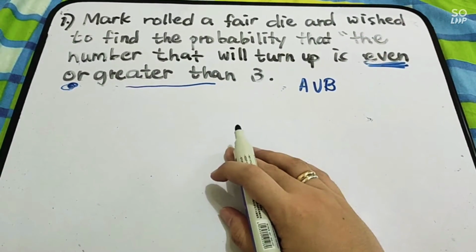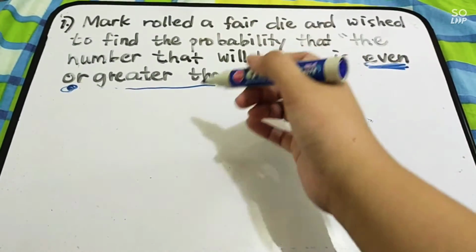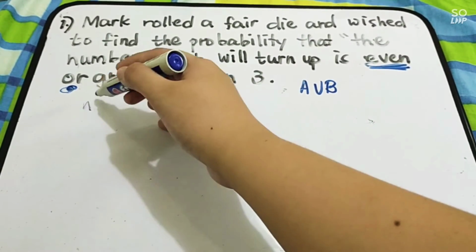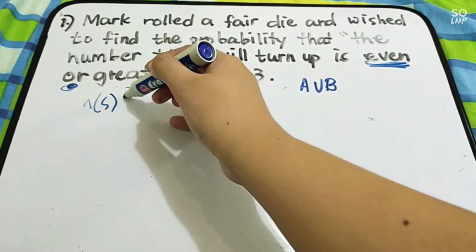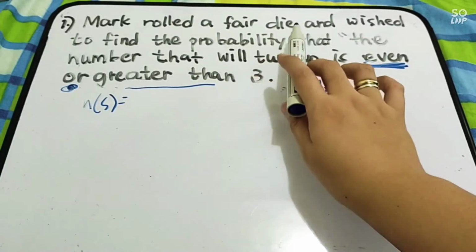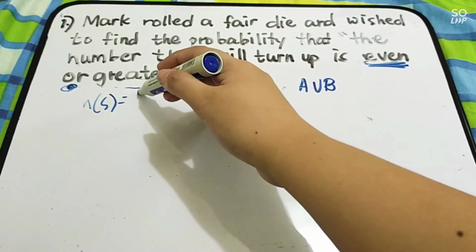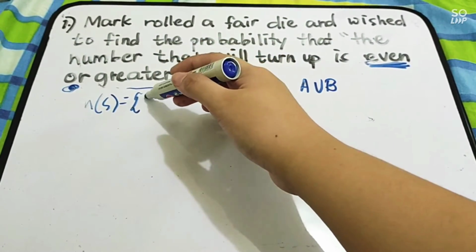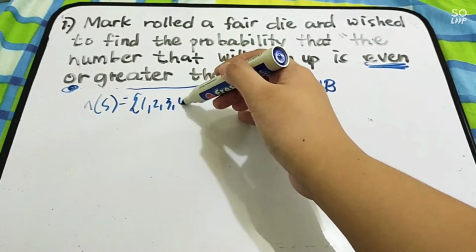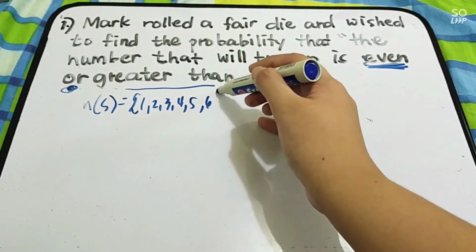Let us name the sample space of the event. Since we have a die, the number of faces is 1, 2, 3, 4, 5, and then 6.